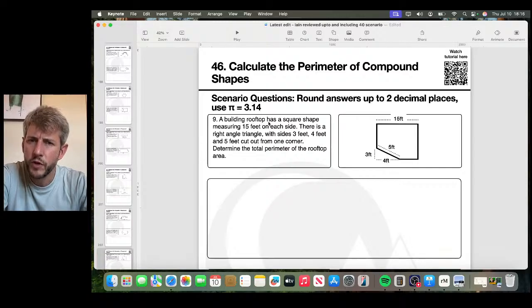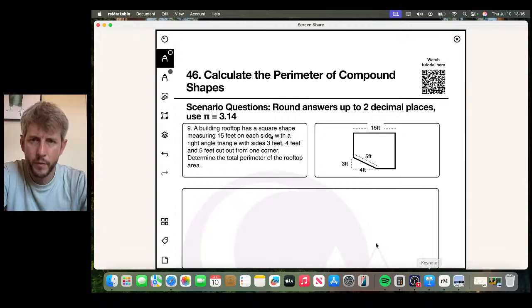A building rooftop has a square shape measuring 15 feet on each side. There is a right angle triangle with sides 3 feet, 4 feet and 5 feet cut out from one corner. Determine the total perimeter of the rooftop area. Okay, I'm happy with that now.